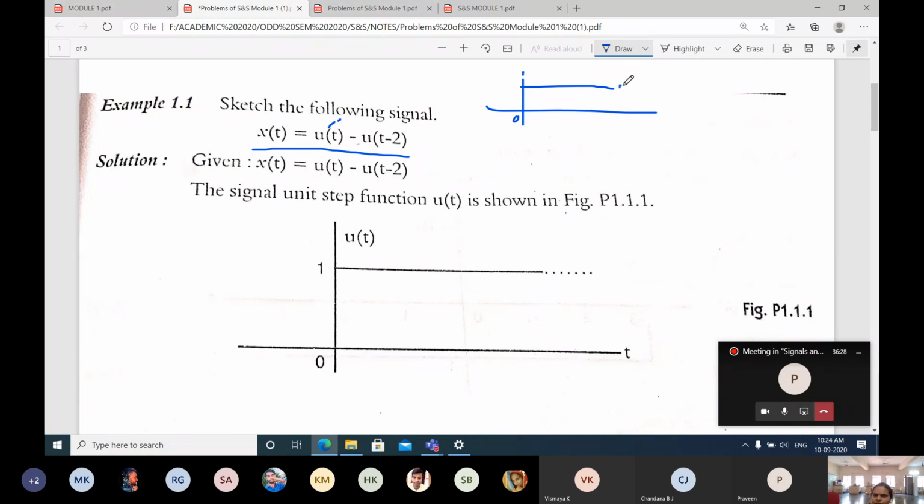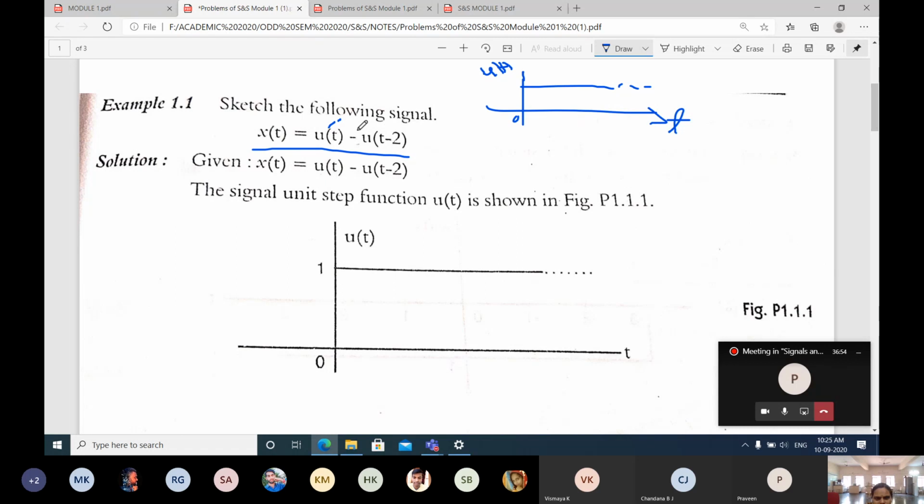Infinity means we just show it with dotted lines. This is the time axis. This is the signal we call u of t. This is the u of t function.